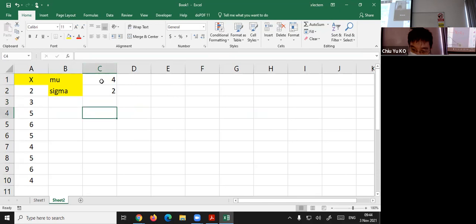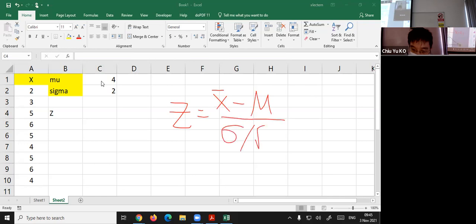So the test statistic Z is what? Just remember the formula. We're doing a one-tail test and we know the sigma. Z will be X bar minus mu over sigma over root n.